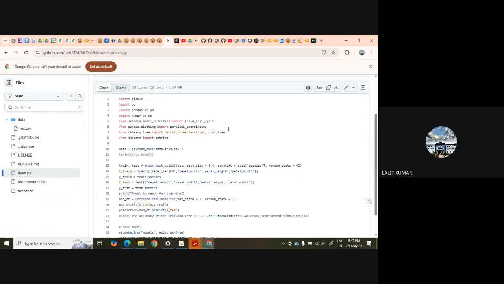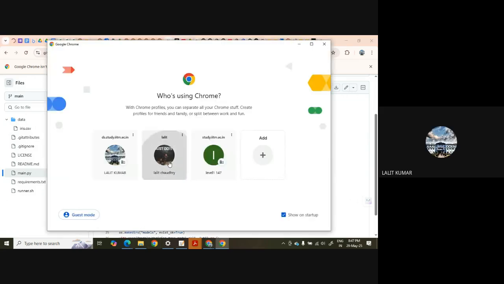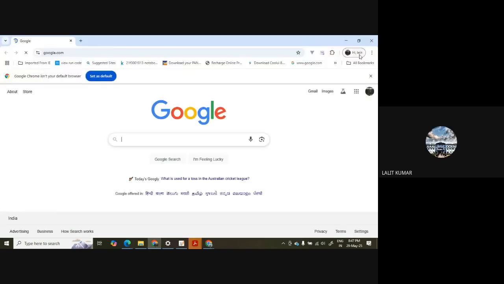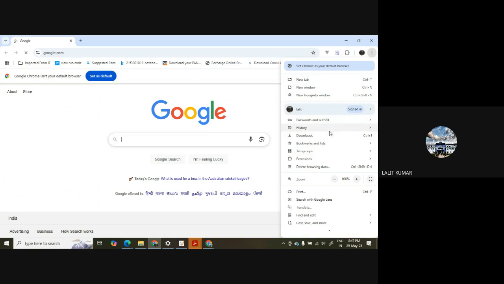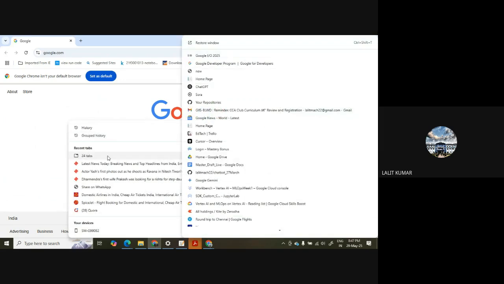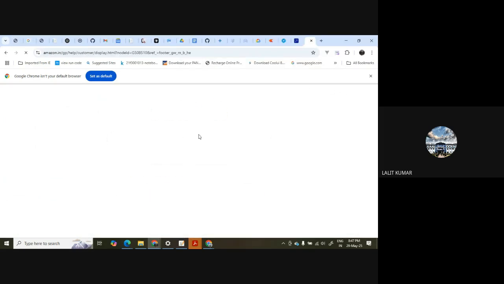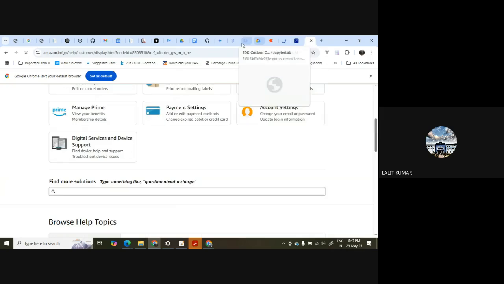Now this is in my student Git account, but for this I'm using my personal account. So here I'll show you. Here my Git will come.